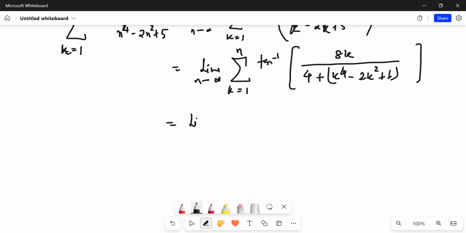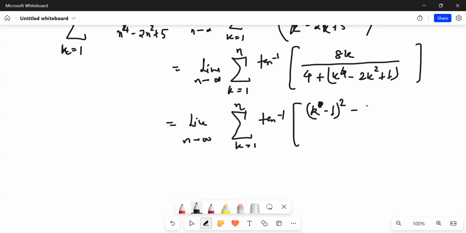So you'll get the limit as n tends to infinity of the summation from k equals 1 to n of tan inverse of what is 8k? If I divide this by 4, this would be 2k, which equals ((k plus 1) whole square minus (k minus 1) whole square) divided by 2.